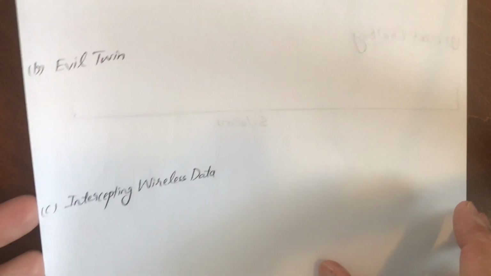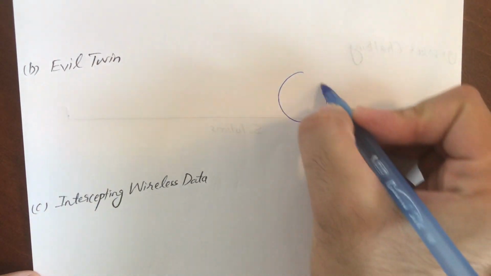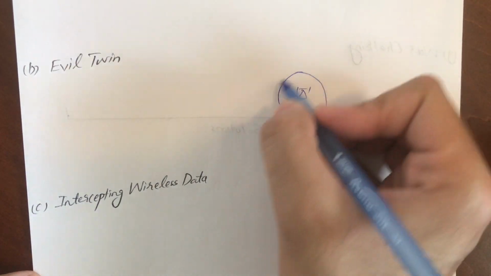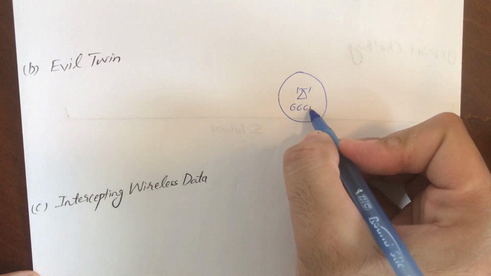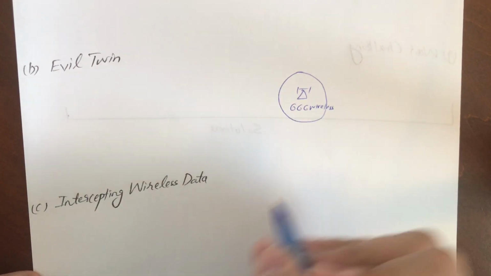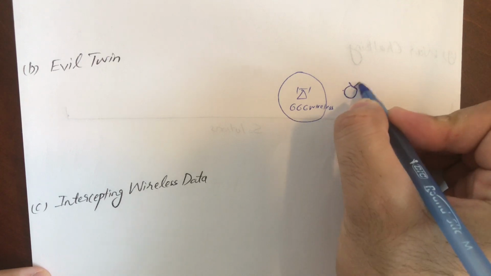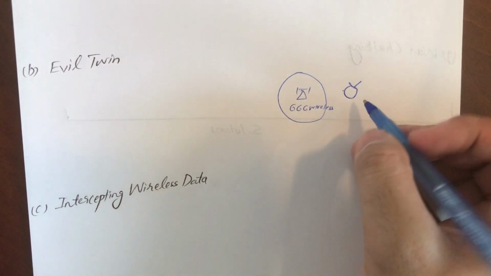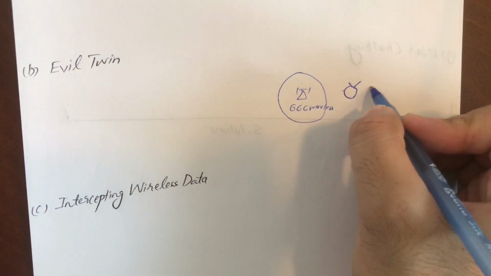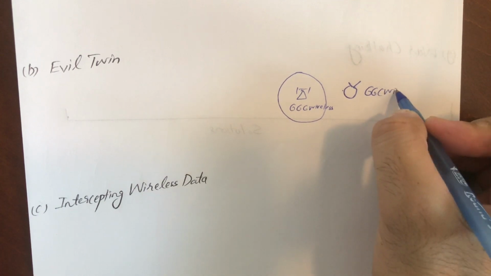Evil twin is another problem. Evil twin is where, let's say, for example, this is the range of GGC wireless. The attacker will do a survey of where the range of GGC wireless ends. The attacker will install his fake access point and name it GGC wireless.